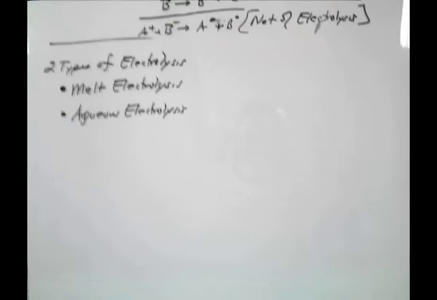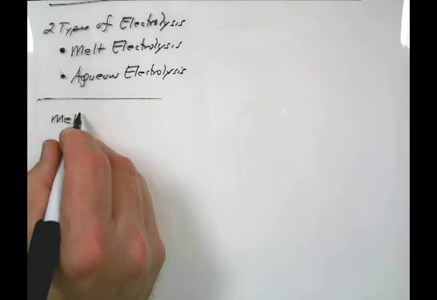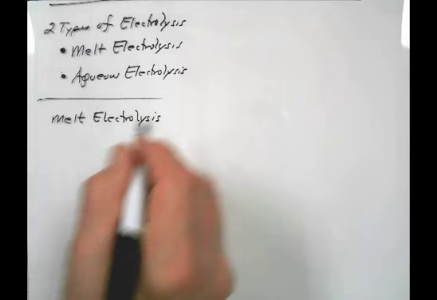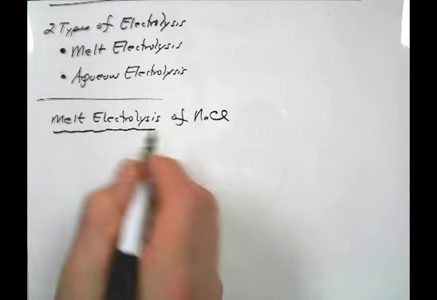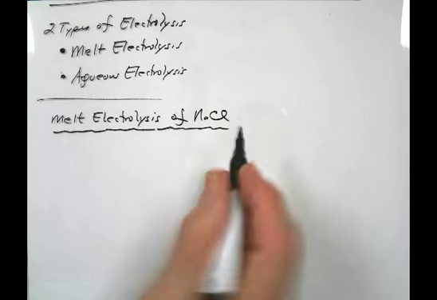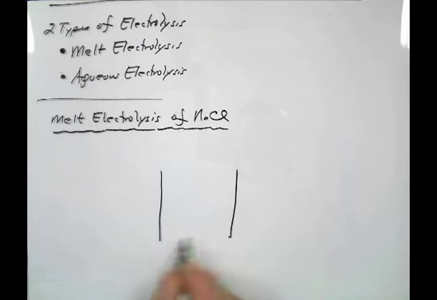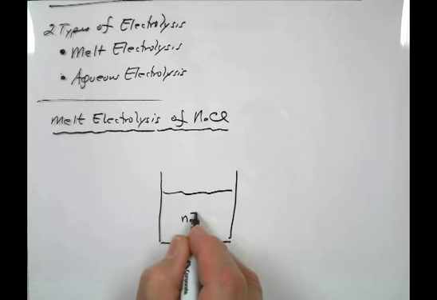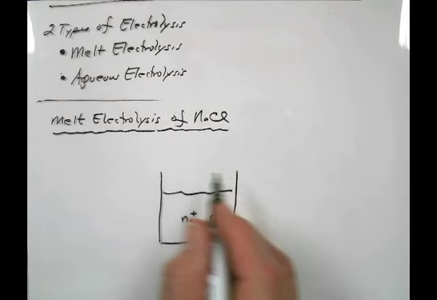We'll start with the melt electrolysis of sodium chloride. And again, what we want to do is draw our electrolytic cell, and we have sodium ions and chloride ions, say, in solution. And this time I'm going to hook this thing up.